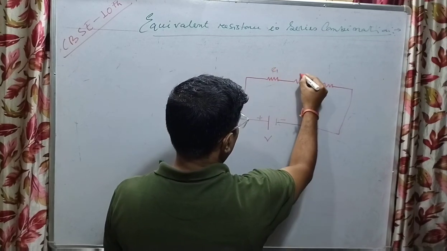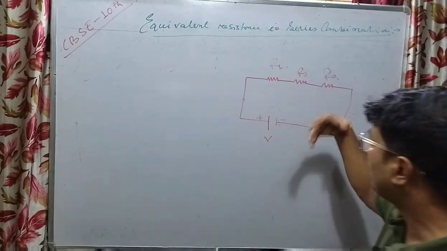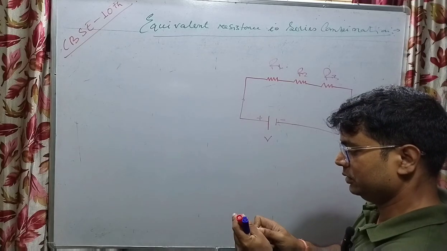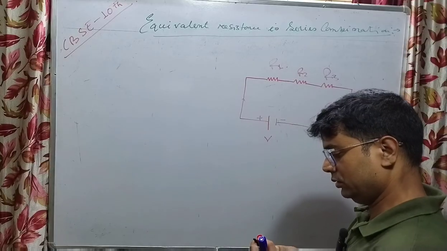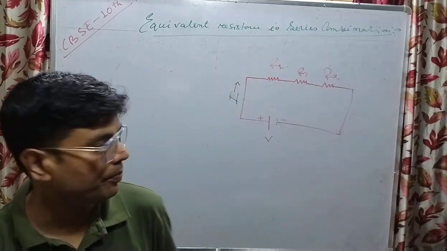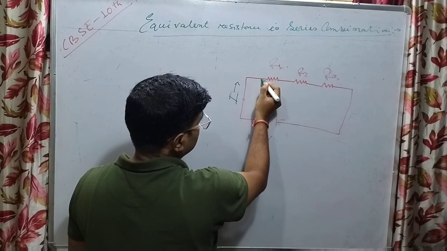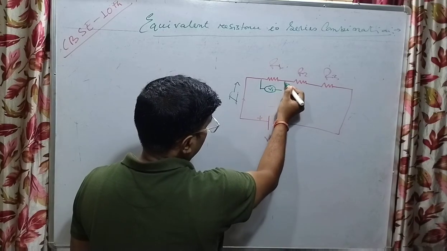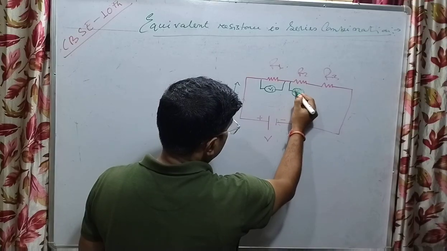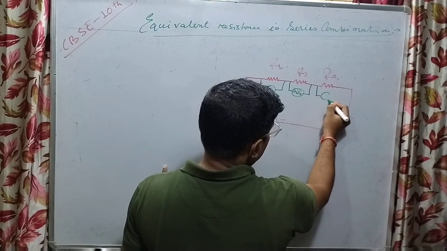And the amount of current passed through the three resistors R1, R2 and R3 is supposed to be I. Now suppose the potential difference between the ends of resistance R1 is V1, between the two ends of resistance R2 is V2, and the two ends of resistance R3 is V3.